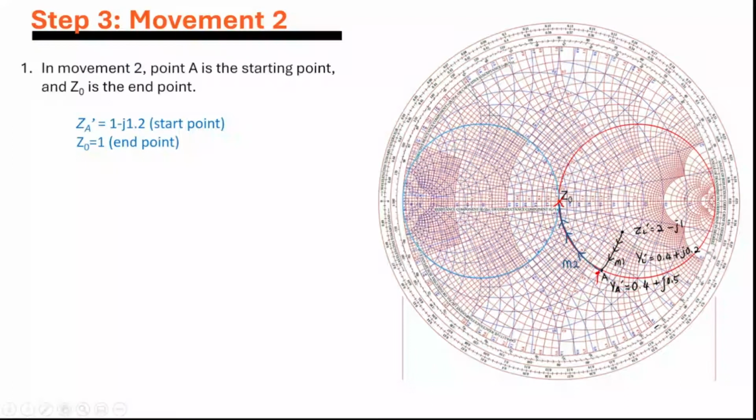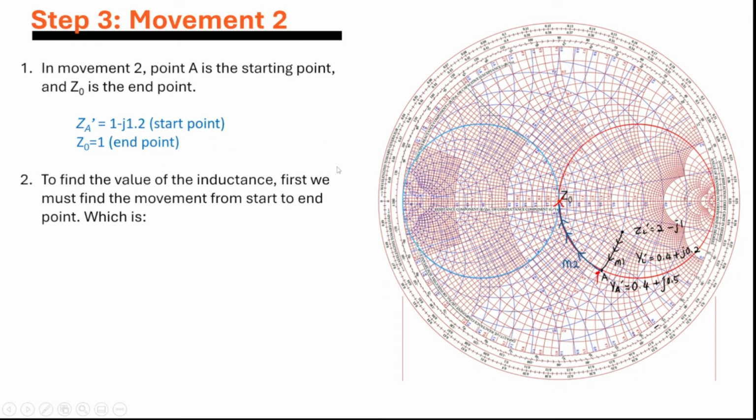Now the next step is to find the value of inductance. First, we must find the movement from start to end point, similar to movement 1, but in this case we are calculating in terms of impedance. So we represent that movement as XL.